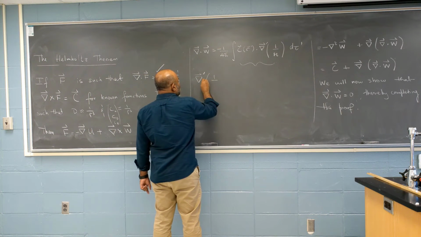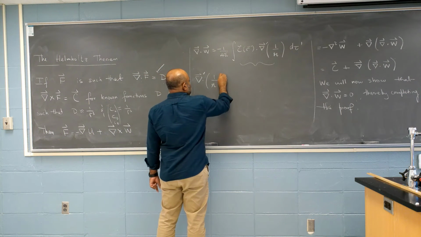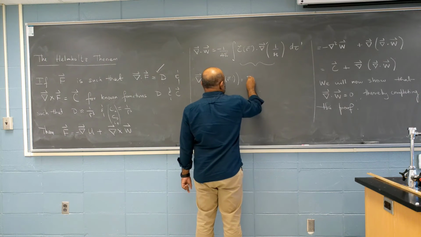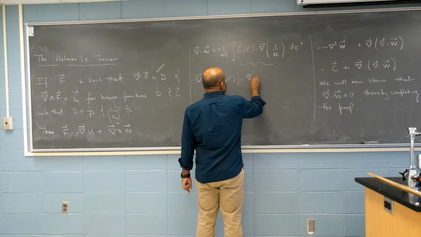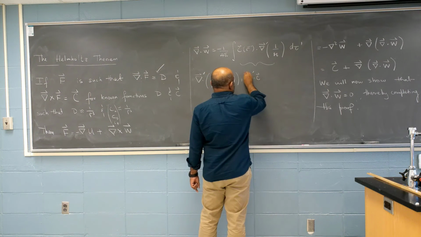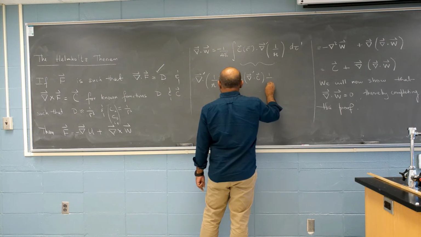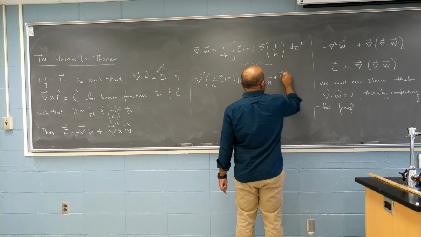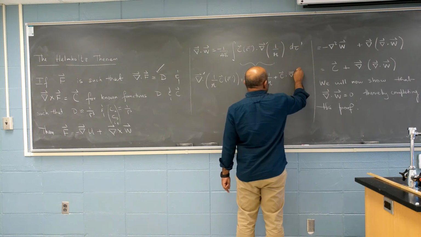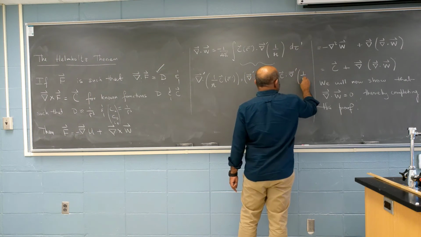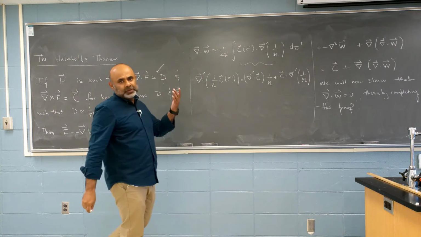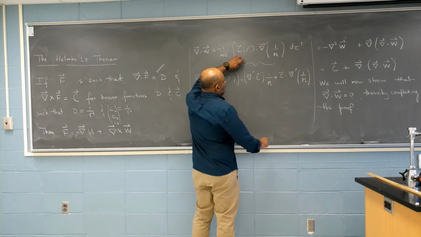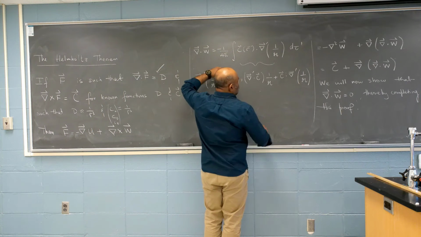Well, with this one, I can use divergence of 1 over this C of r prime is equal to the divergence of C times 1 over this plus C dot gradient of, just a vector identity. You've seen this a million times before.